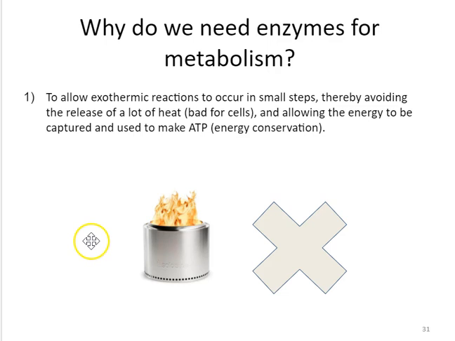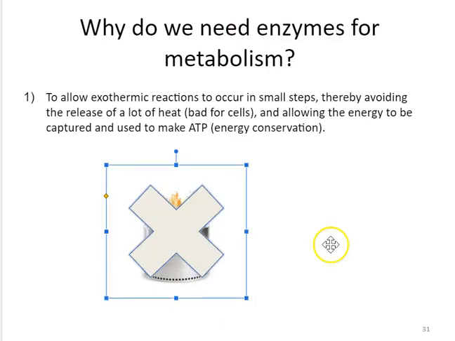So why do we need to have enzymes in order for metabolism to occur? For one thing, we cannot allow the release of a ton of heat in cells. Okay, so this cannot happen, right?